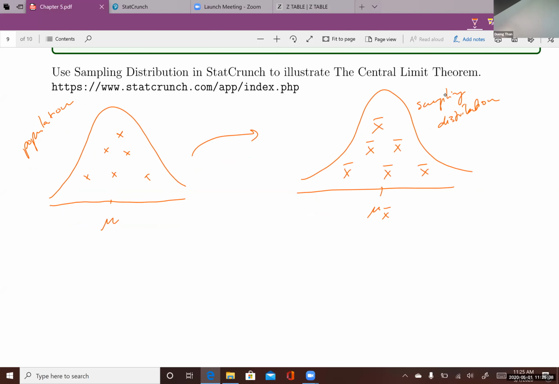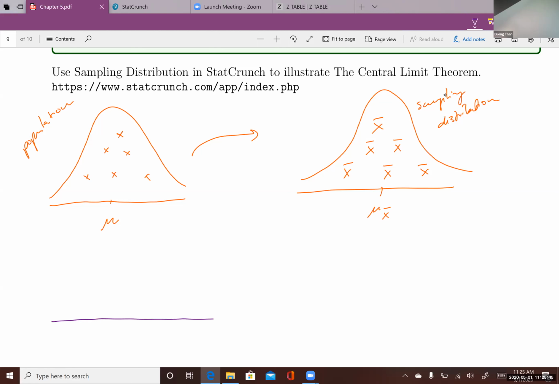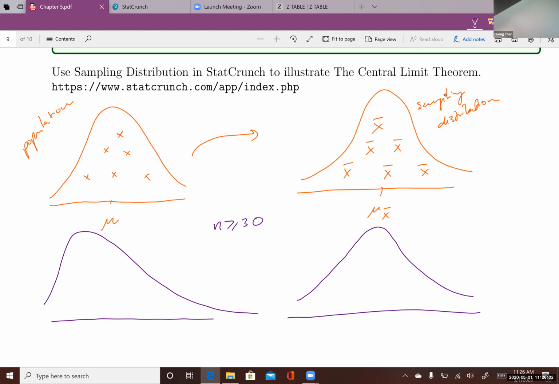And then if your population distribution is not normal, let's say it's skewed right, then if n is at least 30, the sampling distribution also approximates a normal distribution.